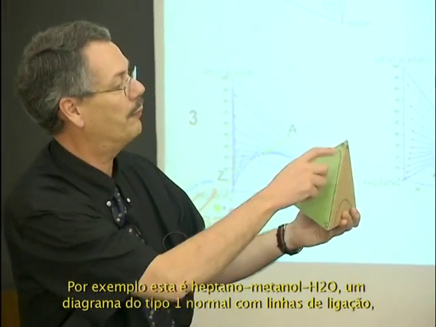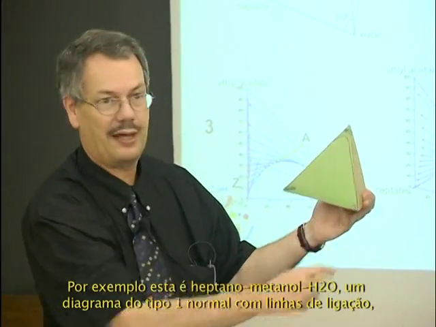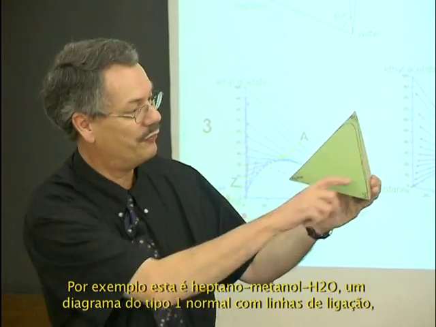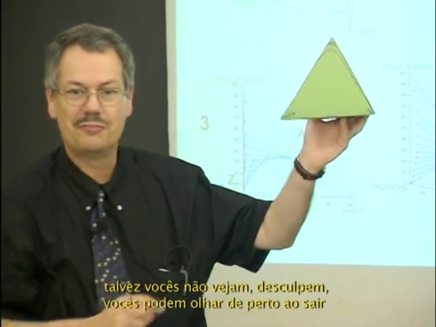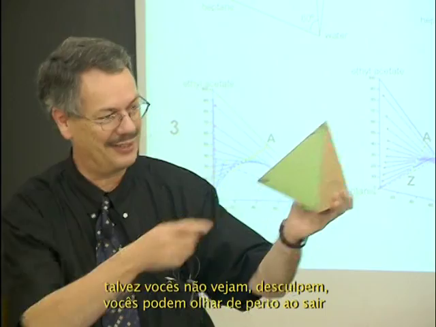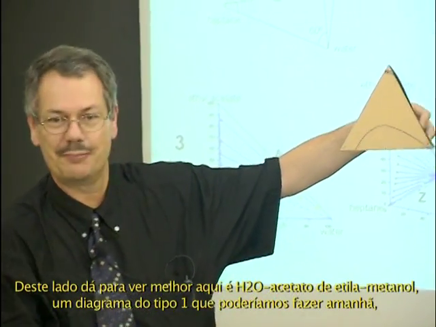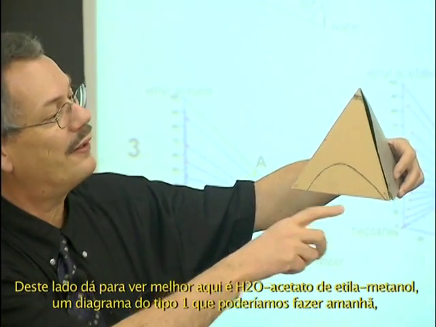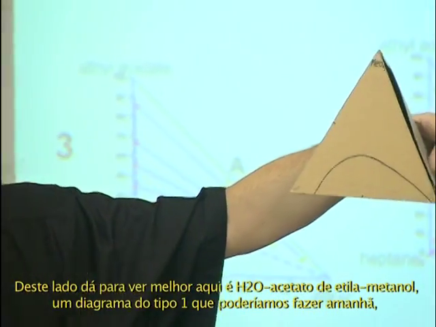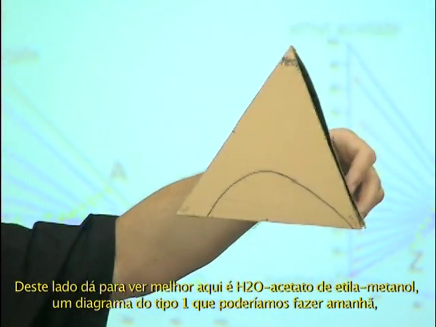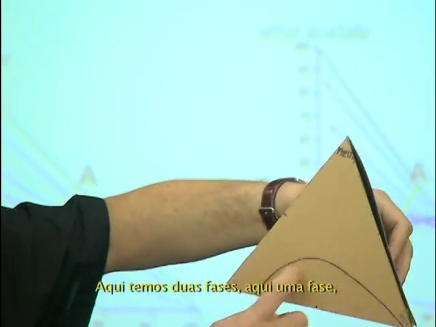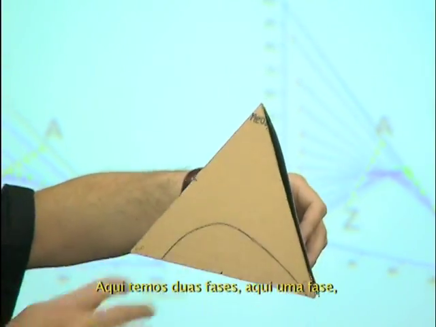So for example, this is heptane, water, methanol, and you have a regular type 1 diagram with tie lines. You may not see, I'm sorry, you can look close when you leave. On that side you can see, that's better. This is water, ethyl acetate, methanol. That's a type 1 composition that we could do tomorrow. 2 phases, single phases.